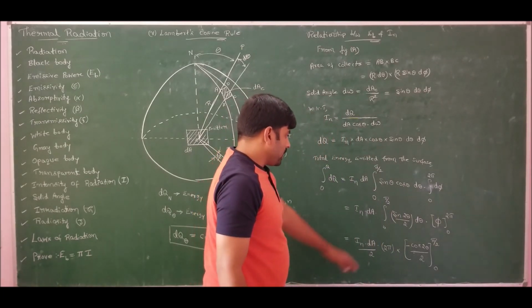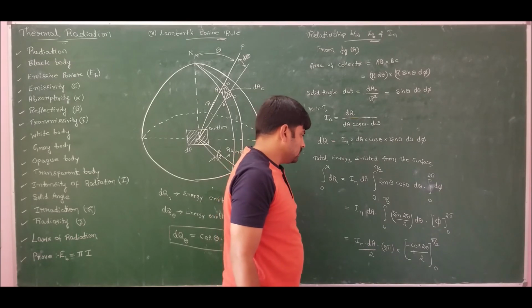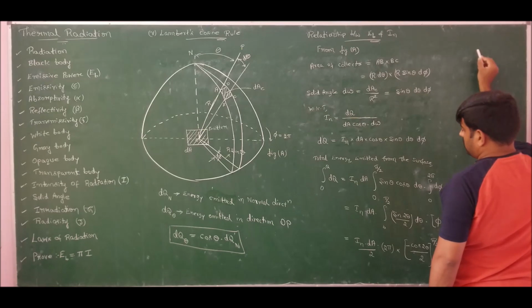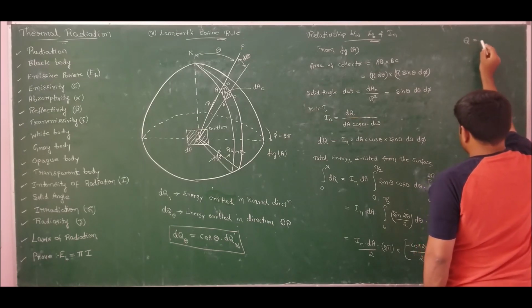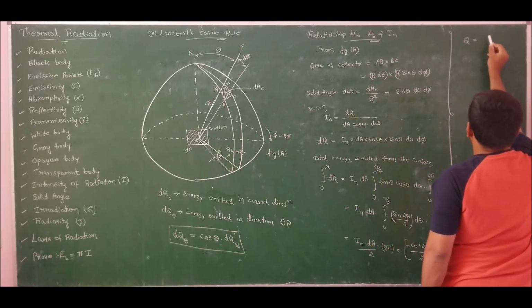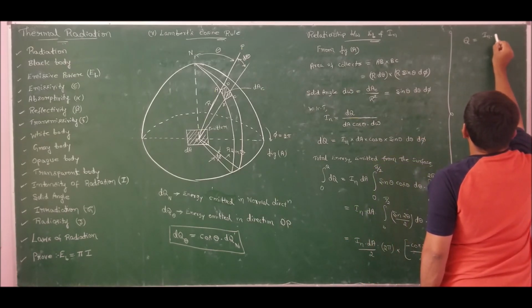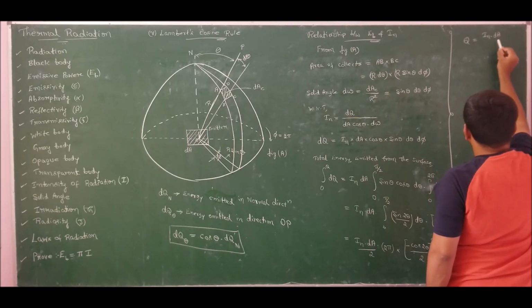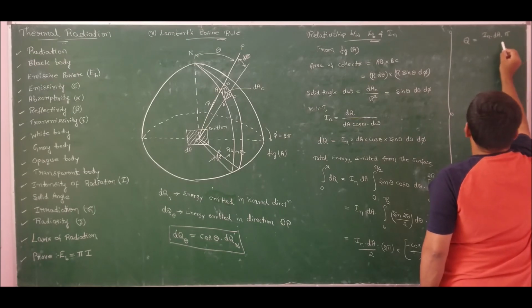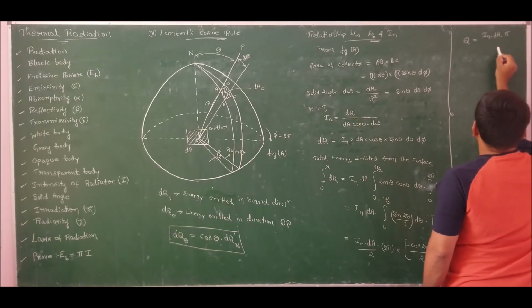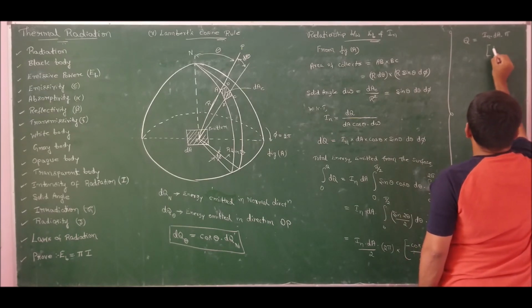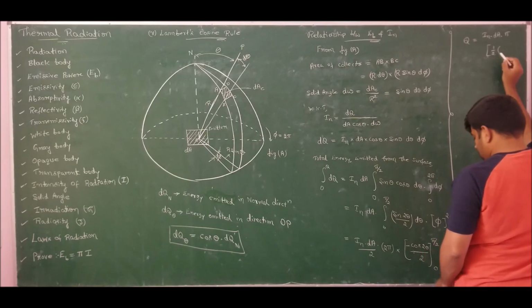So if I substitute and solve, cos 180 is minus 1. So I'll get Q equal to intensity of radiation into dA. The 2 will get cancelled, into pi. I will take this 2 outside, so it will be 1 by 2 times.